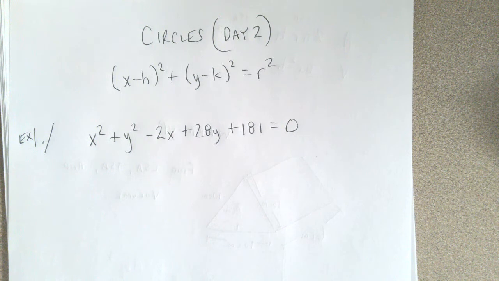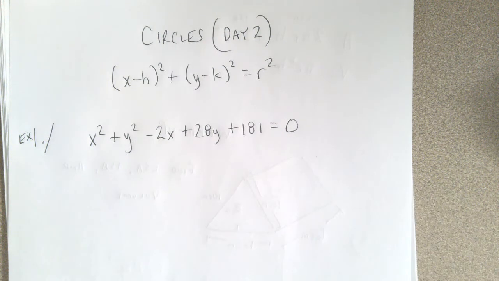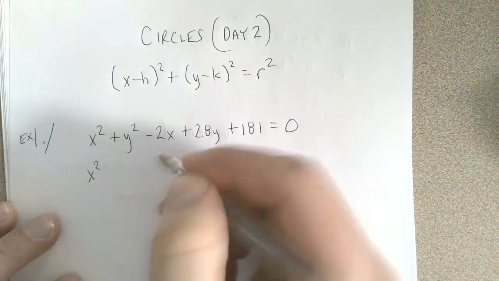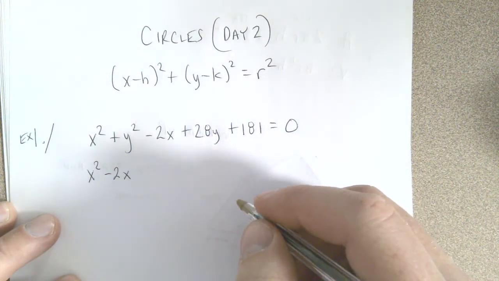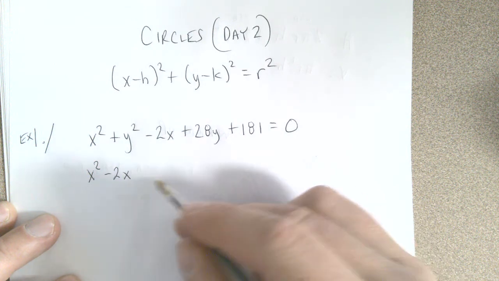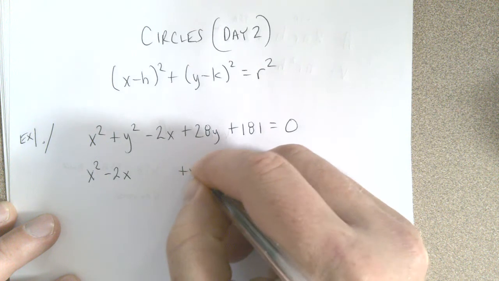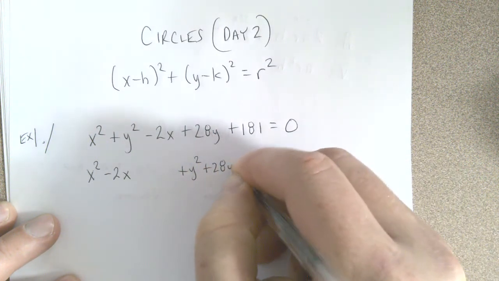But the first thing you want to do, thinking about the form that our equation is up here, you want to get all of your x's together. So I'm going to rewrite this as x squared minus 2x. Then I'm going to leave a space there. Then I'm going to write my y's. So plus y squared plus 28y.